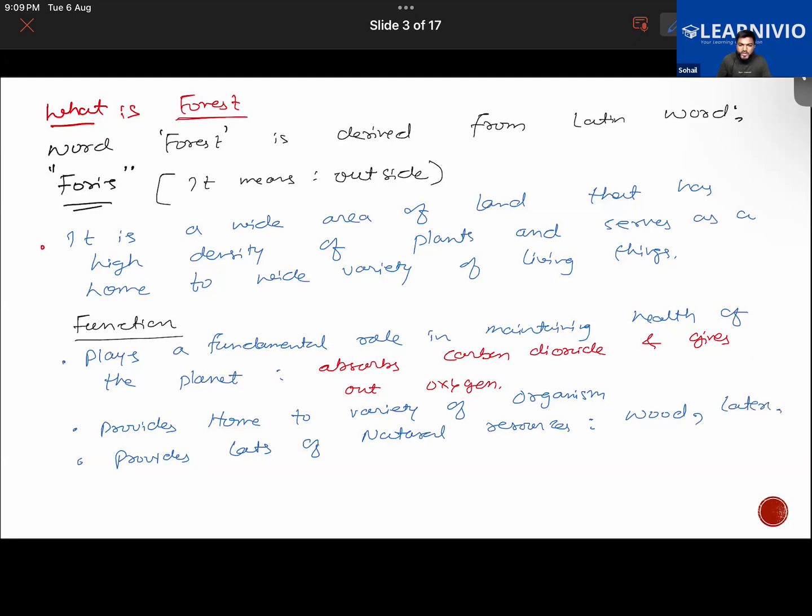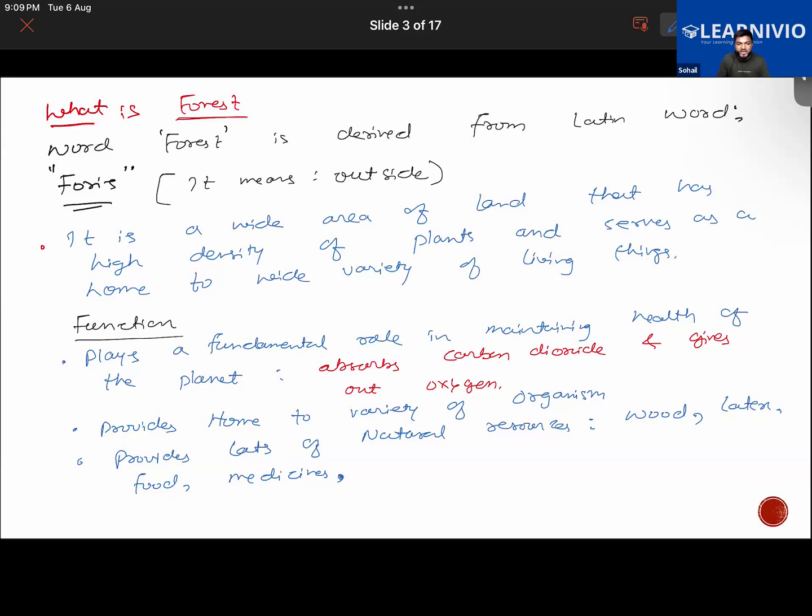Latex is used to make natural rubber, right? Sir, we have to write this. Yeah, you have to write this. Then it provides you with food also. It provides you with medicinal plants, so medicine also. Getting it, guys? So all these are the functions performed by the forest, right?